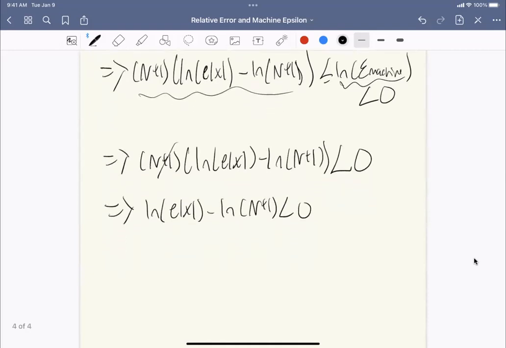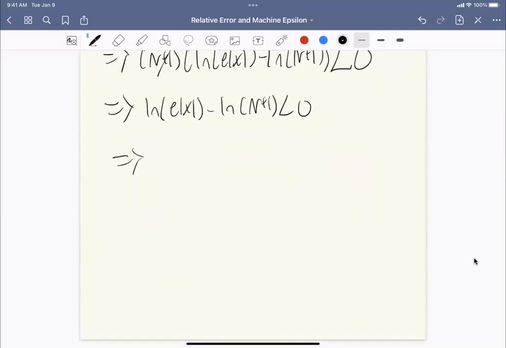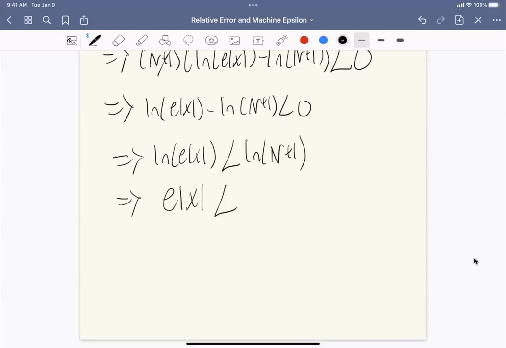And then further, just add that to the other side. The natural log of e times the absolute value of x must be less than natural log of n plus 1. And taking the exponential of both sides, e times the absolute value of x is less than n plus 1. And finally, remember, we assume that x is very large.